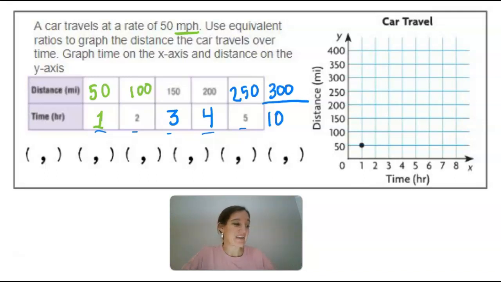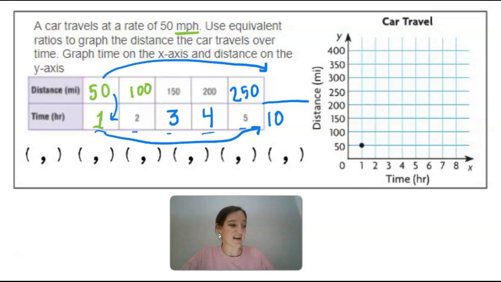So be careful, be on the lookout for that. We know that it's 50 miles per hour, right? So if we want to go from 1 hour to 10 hours, we'll times by 10, which means we need to times the top by 10, giving us 500 miles in 10 hours.